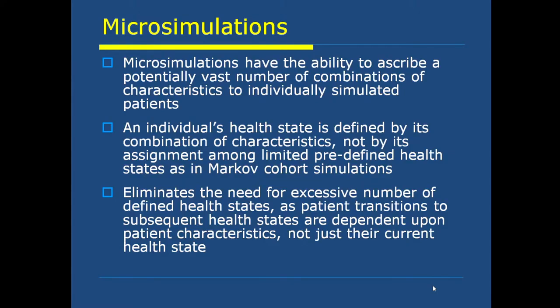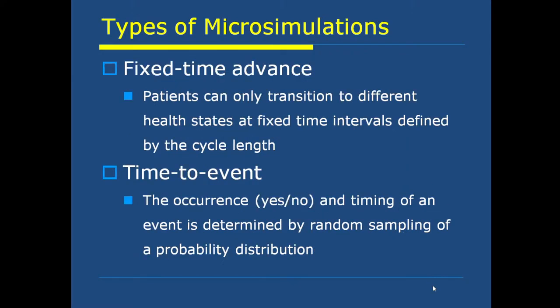This eliminates the need for an excessive number of defined health states, as patients' transitions to subsequent health states are dependent upon patient characteristics, not just their current health state.